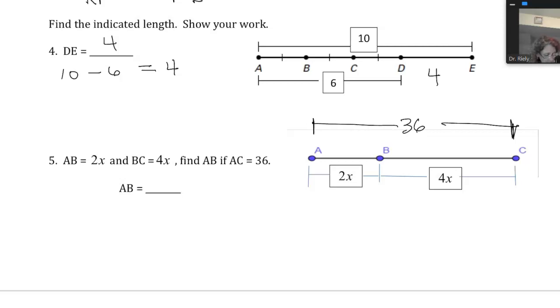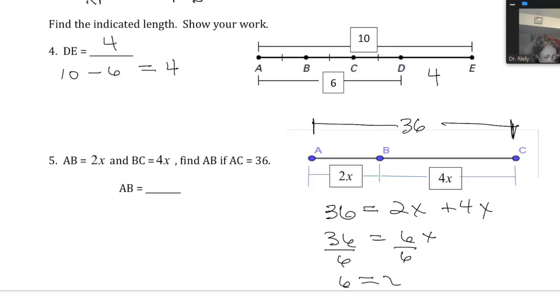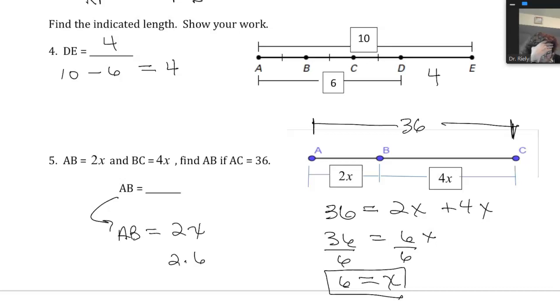Now, get yourself an equation. 36 equals 2x plus 4x. 36 equals, combine like terms, 6x, divide by 6 to isolate the x, and 6 equals x, but we're not done because the question is find AB. So, since AB equals 2 times x, 2 times the 6 will give me 12, so AB is 12.